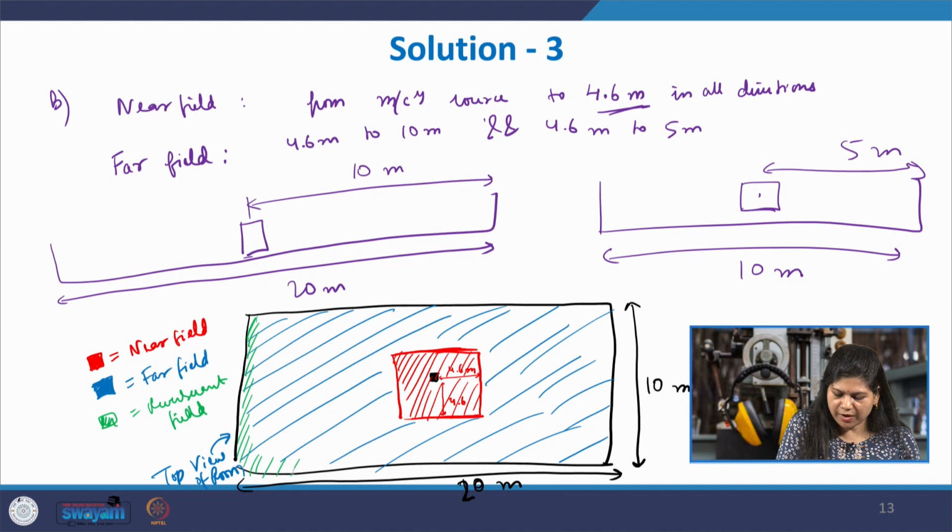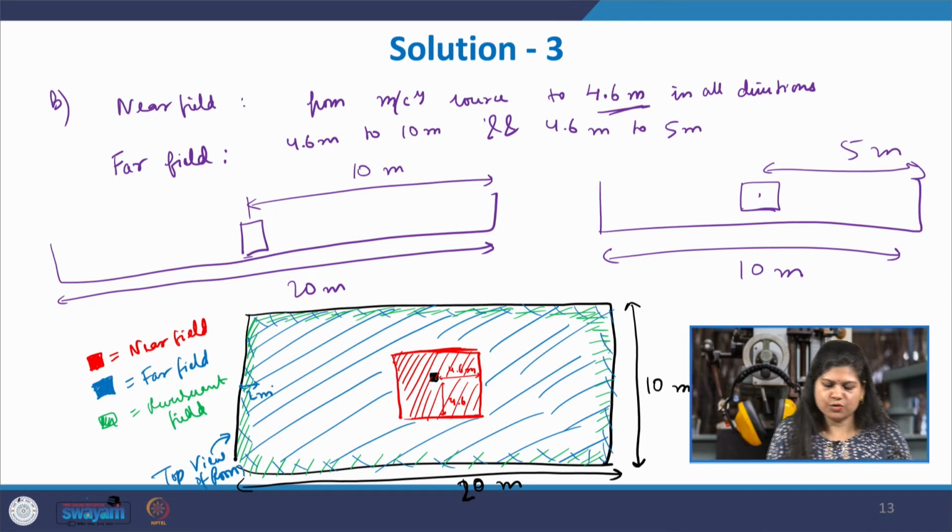Here it is both far field and reverberant field, and this dimension here is 2 meters and so on.